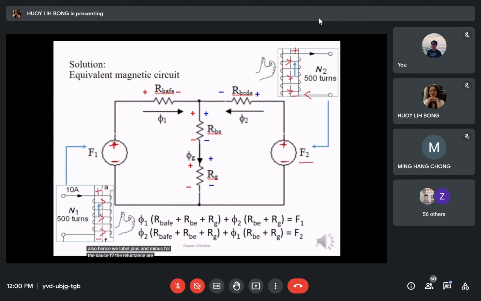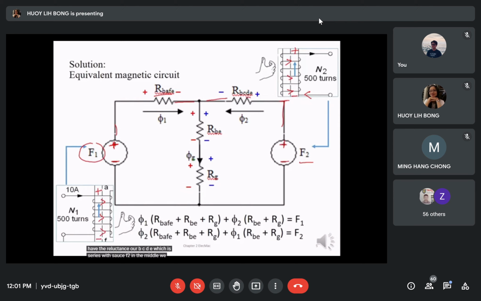The reluctance RBAFE is in series with the source F1, so it is linked together in series on the left hand side. For the right hand side, we have the reluctance RBCDE, which is in series with the source F2.